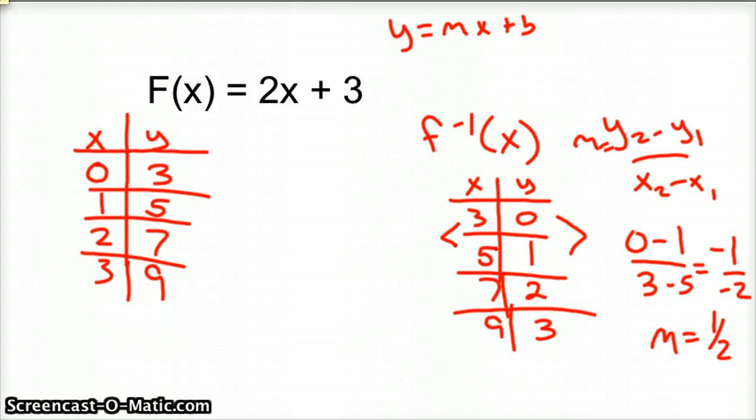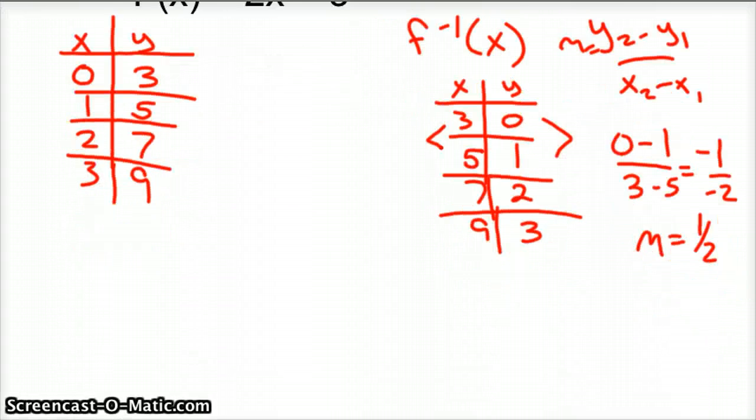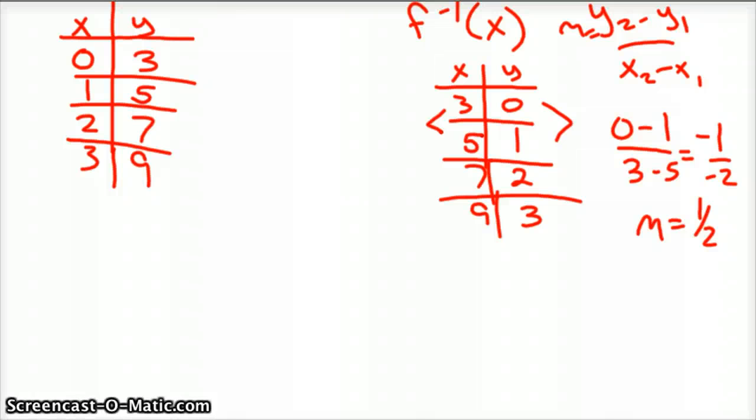Okay. So far we know we have the equation y equals 1/2 x plus b. So we still have that b to contend with. And so what we do then is pick one of those two points. I'm going to pick (3, 0).